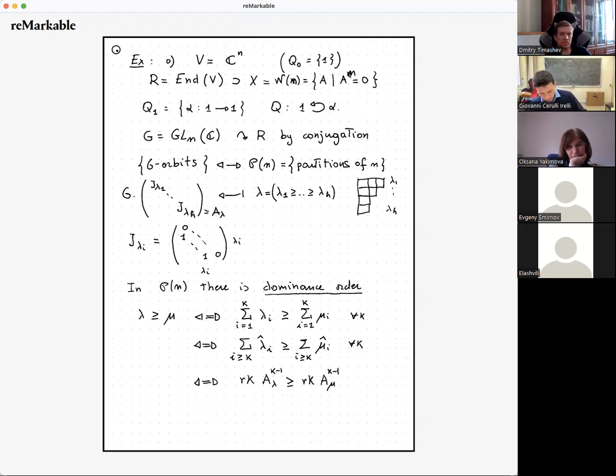So the G orbits are parameterized by just looking at the rank of the powers, and this gives an ordering.